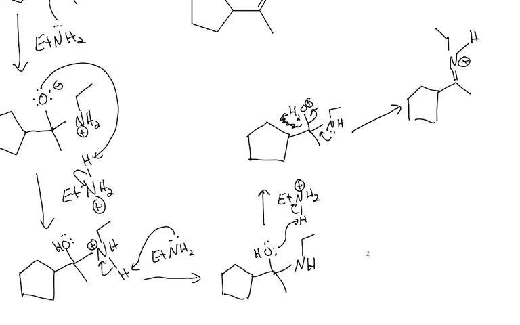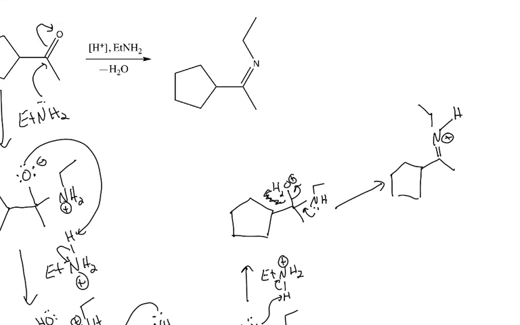The hydrogen now has 4 bonds, so it'll have a positive charge. And then for the last step, we just need to have a proton transfer to give us our neutral final product.